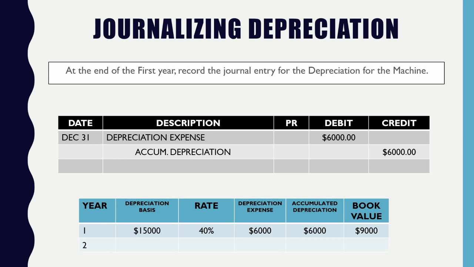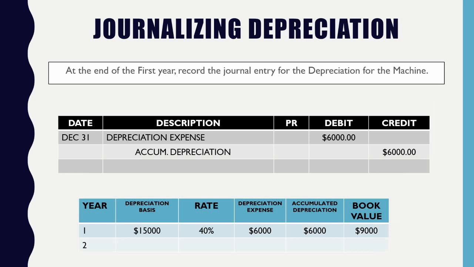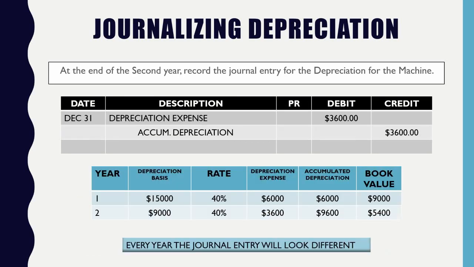Only difference is, because of the way that you calculate it, your depreciation for the first year is going to be $6,000, right? And then for the second year, it's whatever you calculated in here. For the second year, it was $3,600, right? So everything's the same. Only difference is the number that you calculated is different, okay?